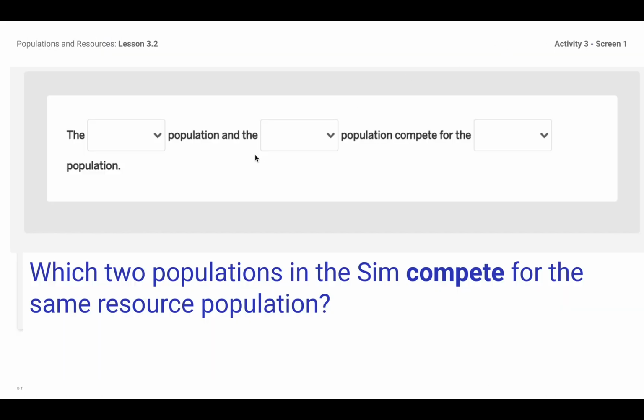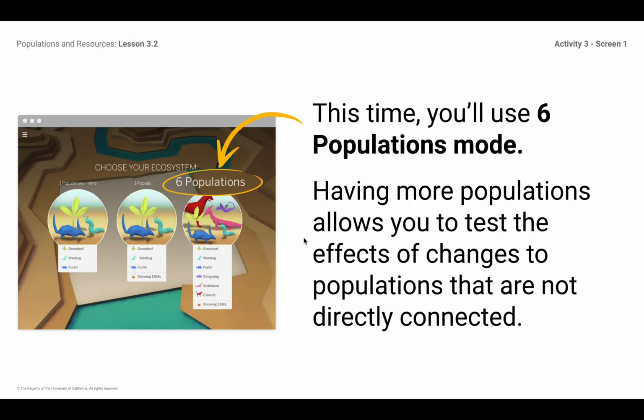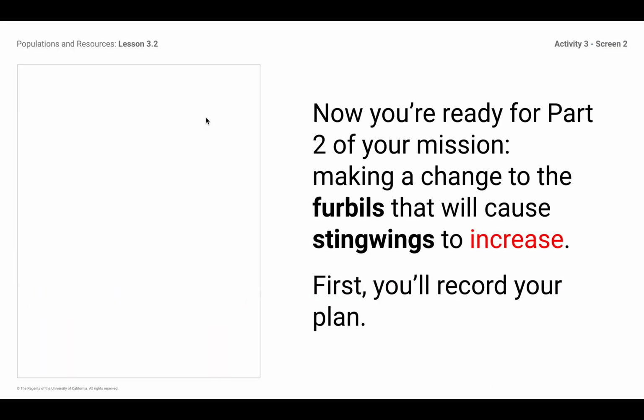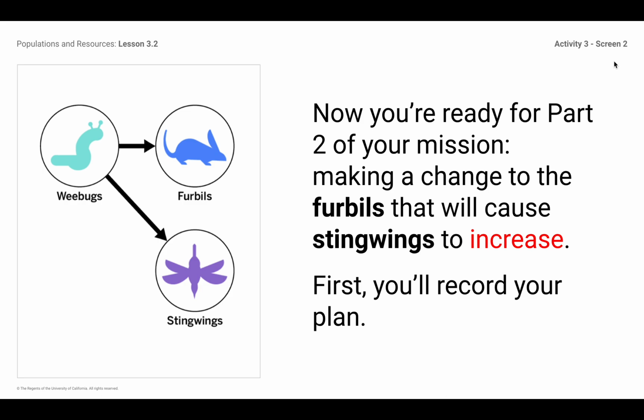So you saw that the furbills and the stingwings compete for the, what do the furbills compete for? Oh, they compete for the weebug population. Okay, very good. So now we're going to go on to screen number 2. You're ready for part 2 of your mission.